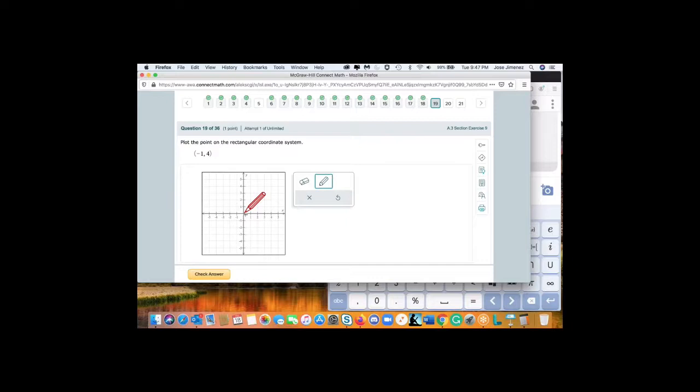Minus 1 means to the left 1 unit. So I move 1 unit to the left, and then I say 4 units up. If it is positive, you go up; if it is negative, you go down. So here you go up 1, 2, 3, 4, and you click. That's -1, 4. And then we check the number.